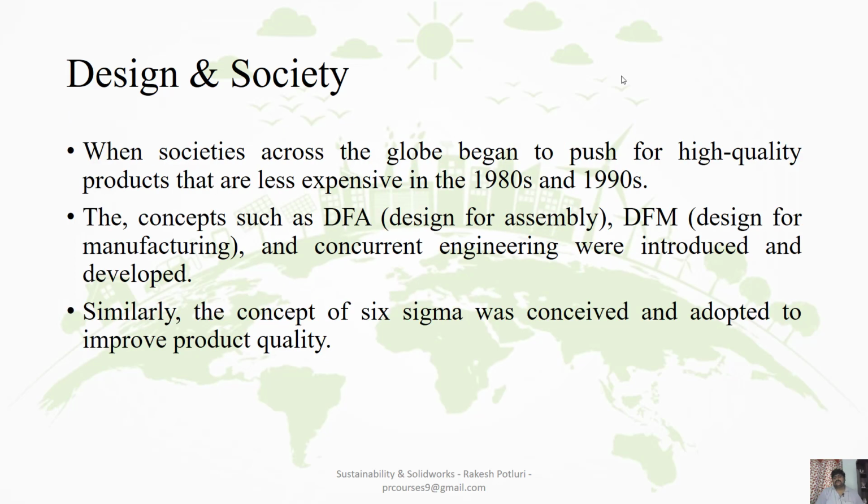When societies across the globe pushed for high quality products that are less expensive in the 1980s and 1990s, we developed concepts such as design for assembly, design for manufacturing, and concurrent engineering. These concepts were applied to industrial production to produce products on a large or mass scale, so that the products are less expensive. And in order to maintain quality, which is the second requirement of societies, we introduced a concept called Six Sigma, conceived and adopted in industrial manufacturing to improve and maintain product quality.